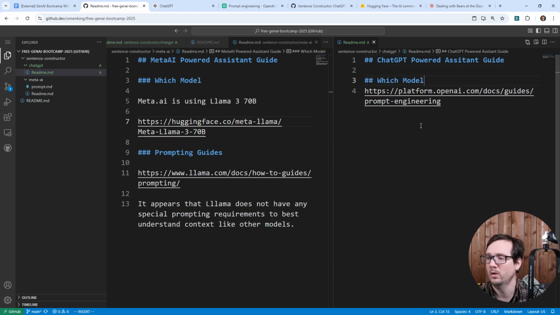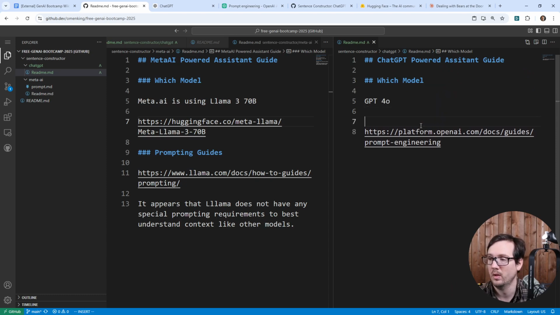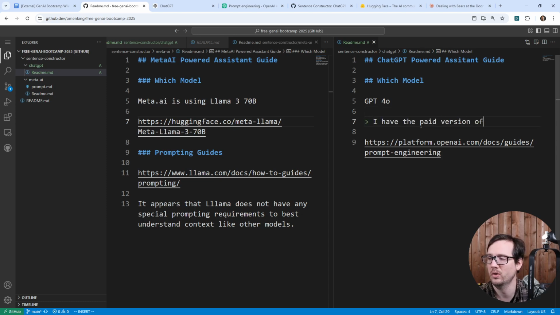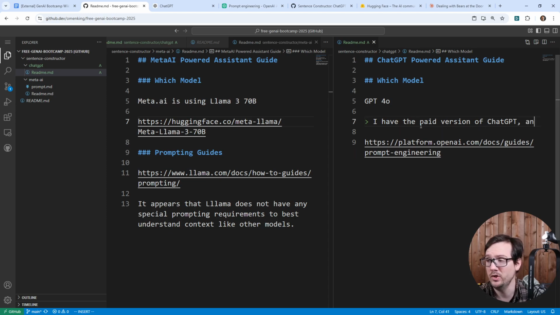So which model? I'm using GPT-4o. I'm going to say I have the paid version of ChatGPT. I could use the O1 reasoning models, but I don't want to because they're slow. If there are reasons why you're doing something, tell yourself.